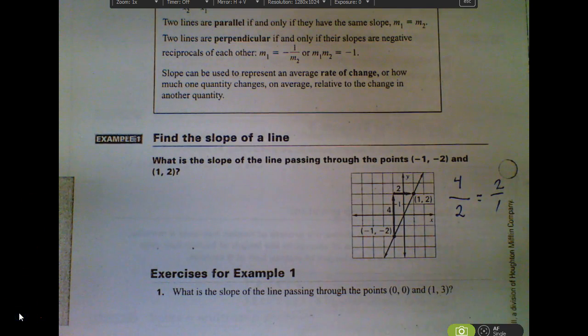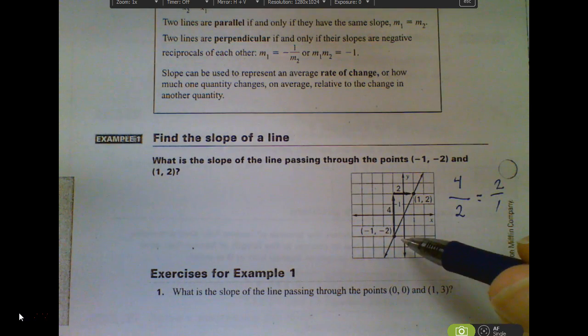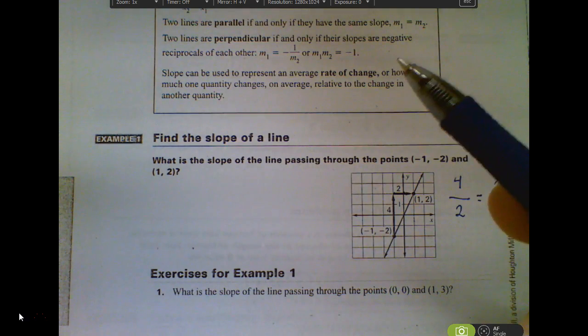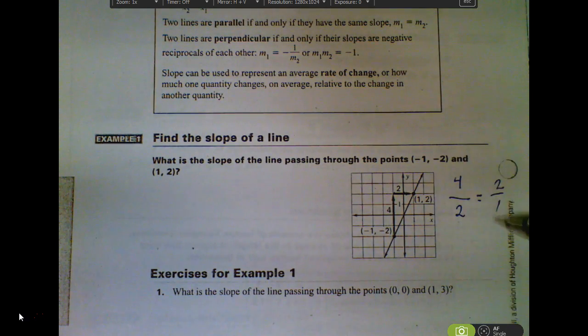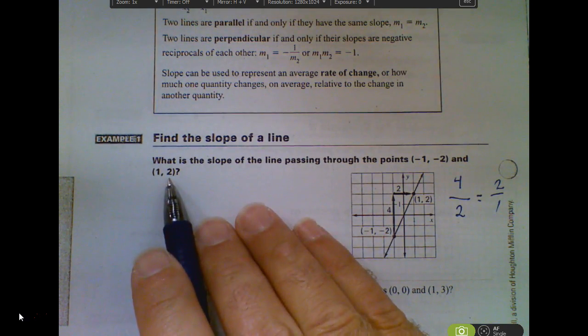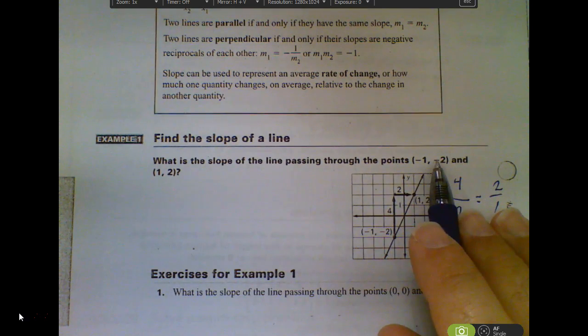It is good to get in the habit of leaving your slope as a fraction, because we always like to have a comparison of rise to run. So it is good to leave it in fraction form. You don't have to. You could write your answer as just 2 in a case like this, and that would be fine as well. But if we did not have the graph to look at, and I needed to use the slope formula, it would go something like this. So remember, the formula up above would be to take my second y minus my first y.